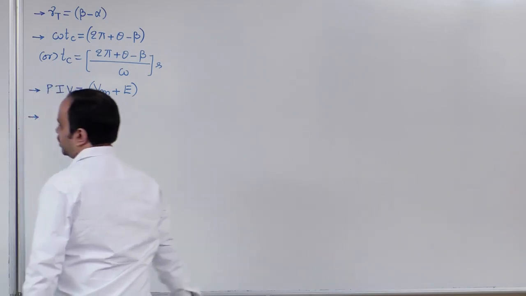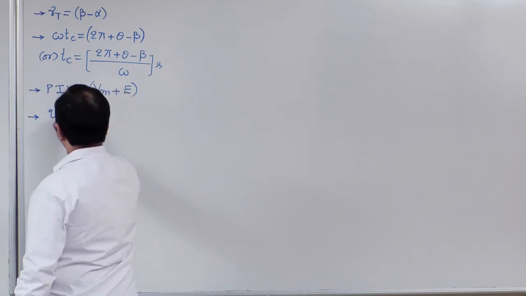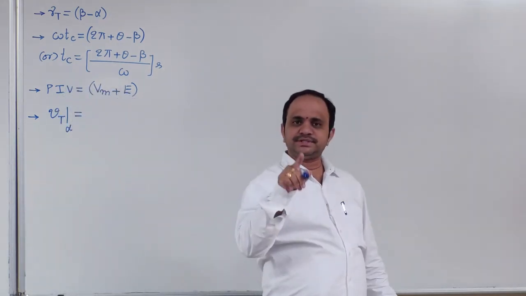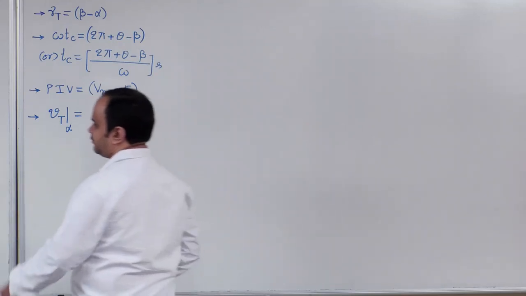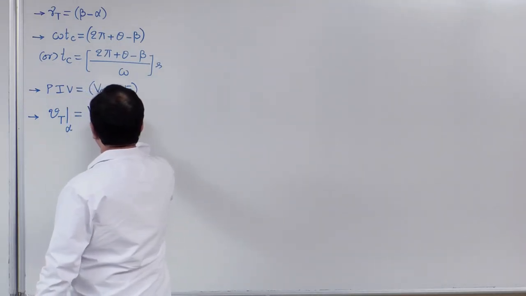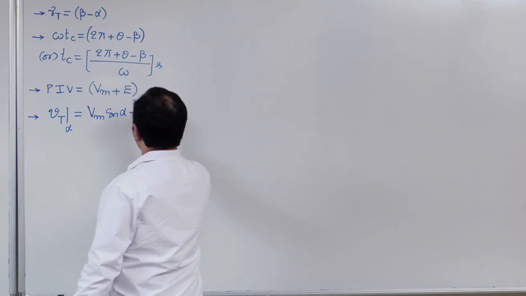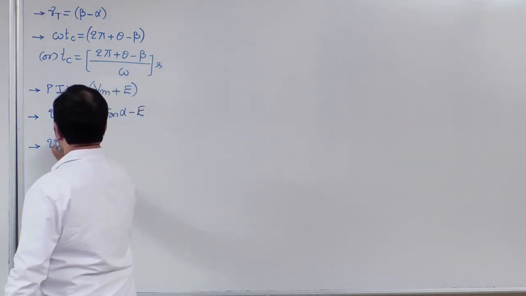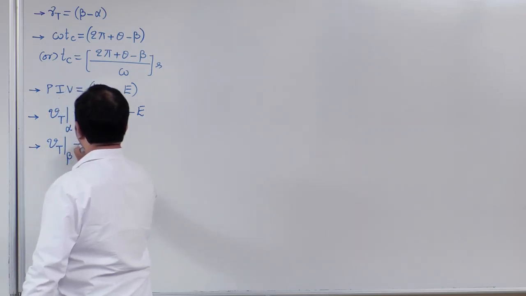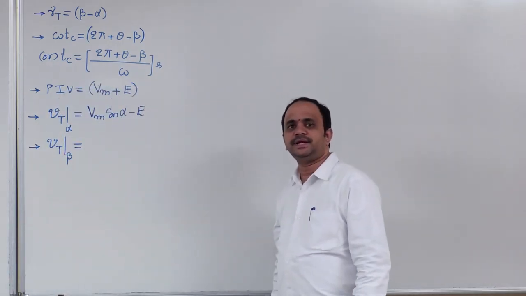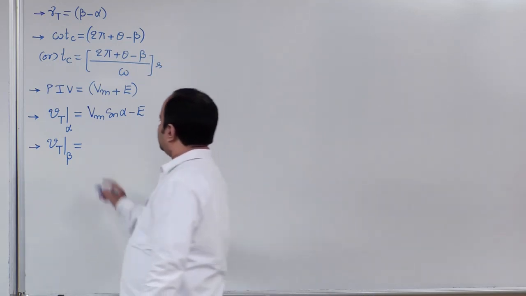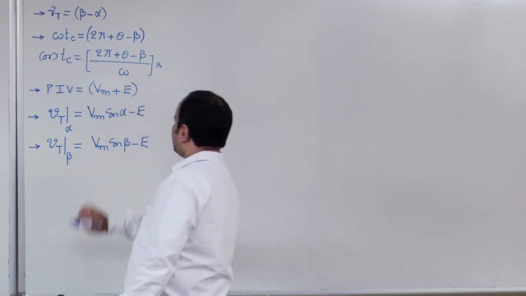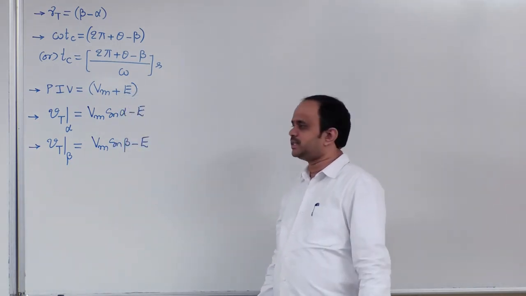Next, voltage across SCR at the instant of triggering. What is that? See the waveform. Vm sin alpha minus E. Similarly, voltage across SCR at the instant of turn off is Vm sin beta minus E. Have a look at the waveform.